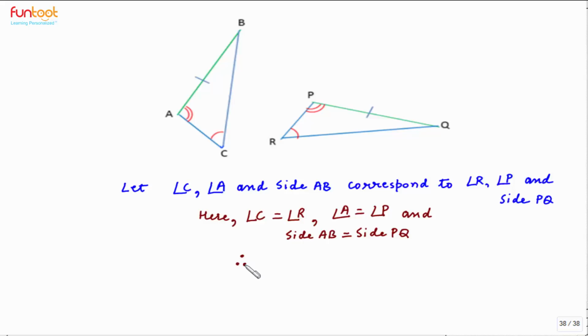Therefore, we can say that triangle CAB is congruent to triangle RPQ by AAS rule of congruency.